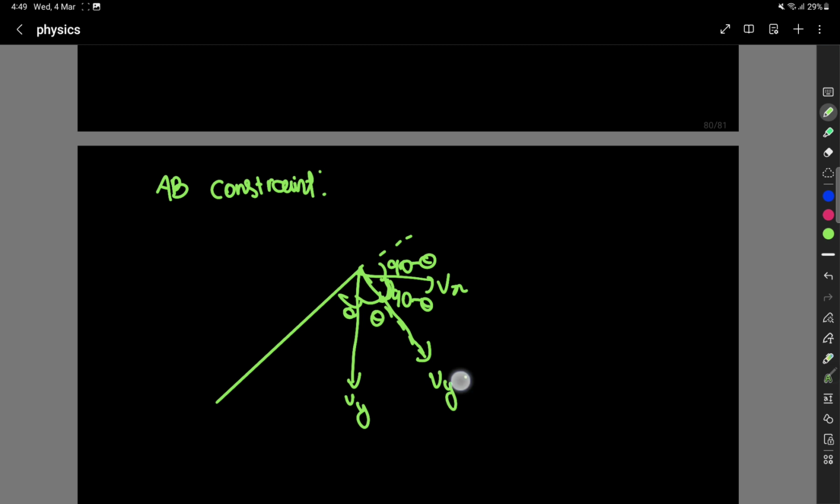So Va cos theta plus Vx sin theta in this direction. We'll have Vx sin theta minus Vy cos theta.